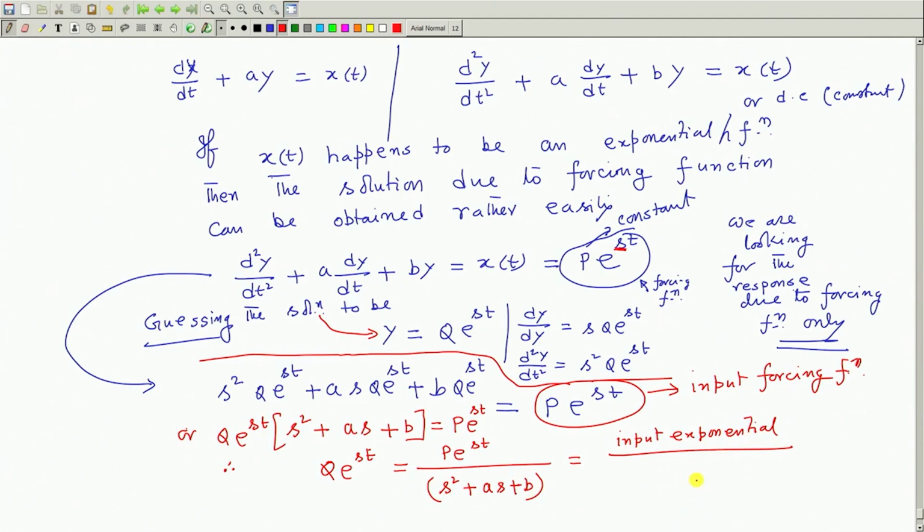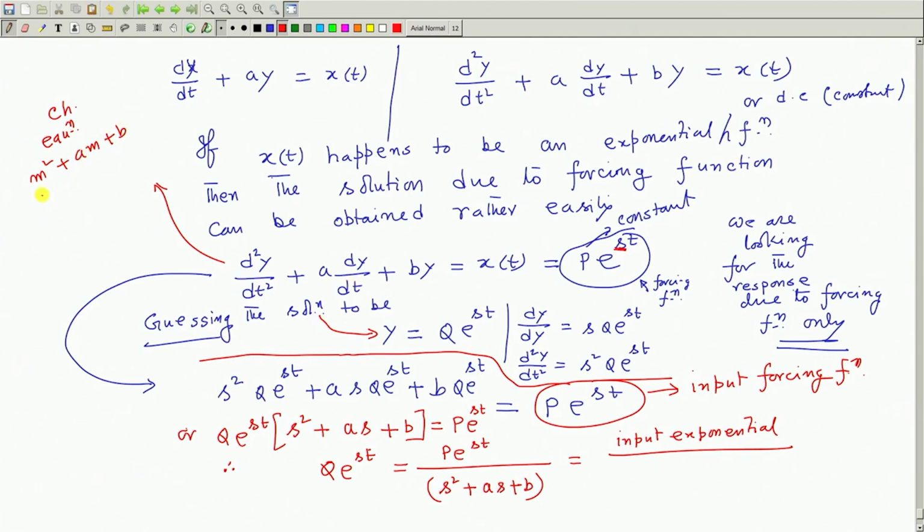What is the characteristic equation of this one? Of this differential equation, the characteristic equation is m square plus a m plus b. This is the characteristic equation, is it not?